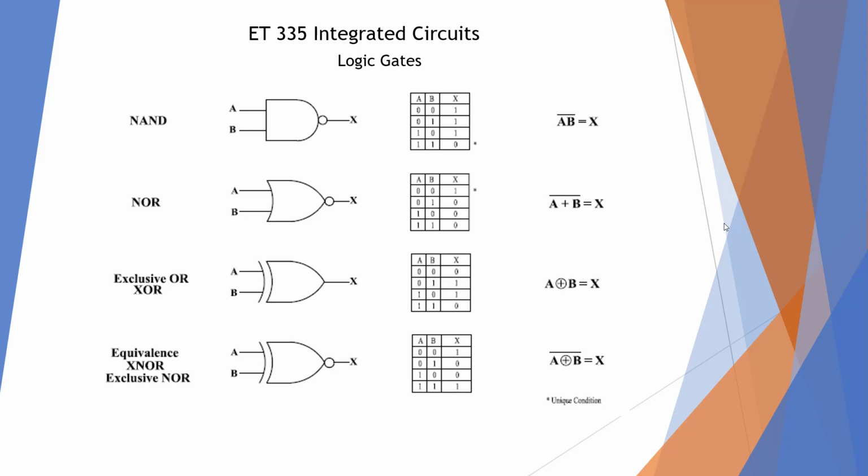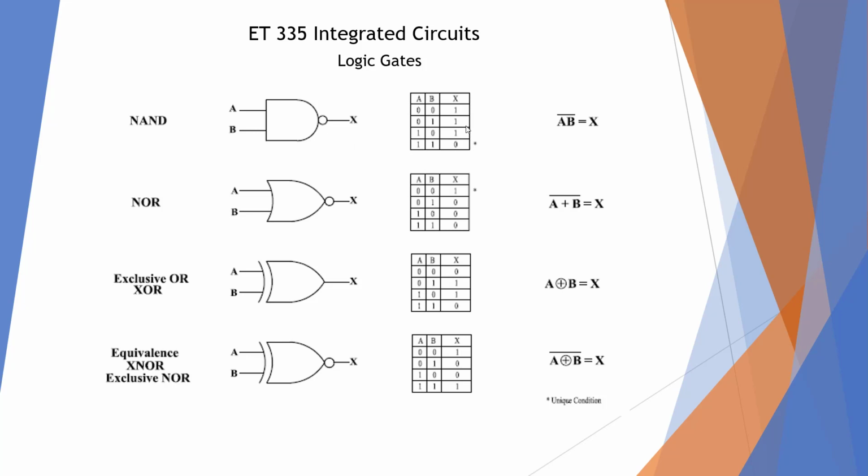Here are the other logic gates. We have a NAND gate, which is basically an AND gate with a bubble on it. This means inverted, so it's like putting an inverter on the end of an AND gate. Again, we have our unique condition: 1, 1 equals 1, gets inverted, becomes 0.